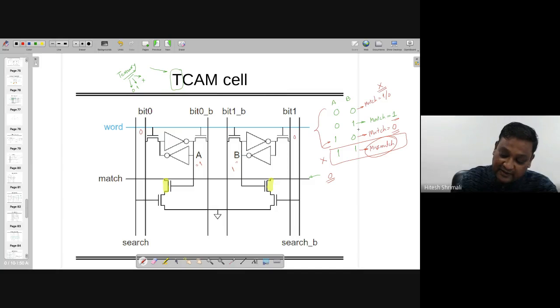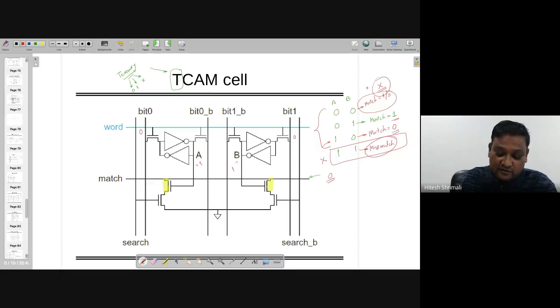In 0 1, it matches the search of 1. In the case of 1 and 0, it matches the search of 0. And in the case of 0 0, it matches either case, so it's don't care. If A and B are 0, it's going to match any value. So it has 3 combinations of matching, which are 1, 0 and don't care.